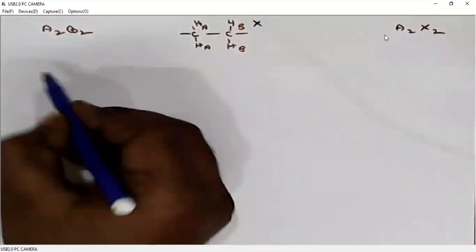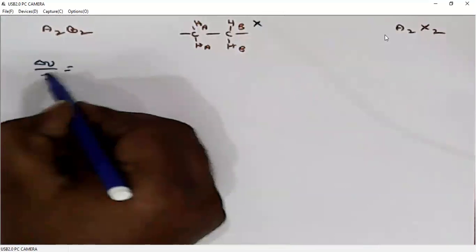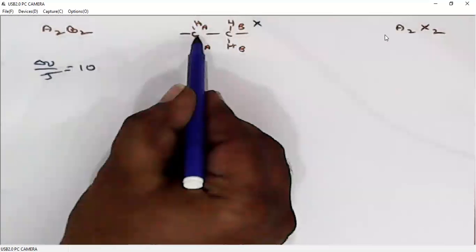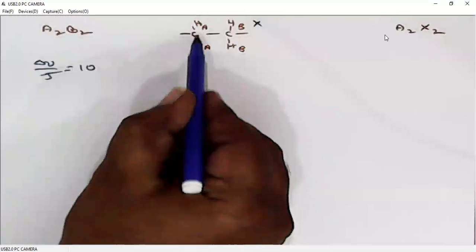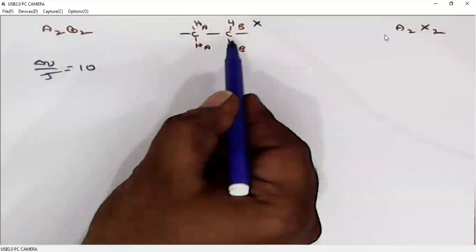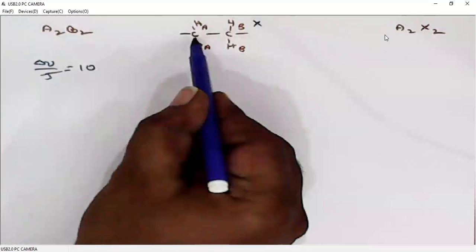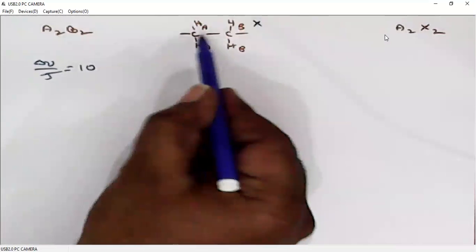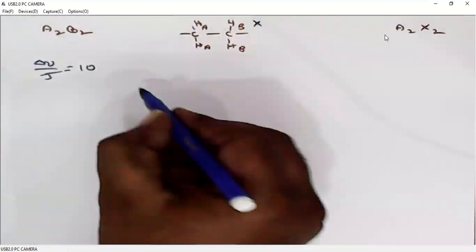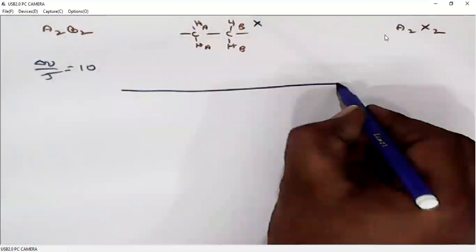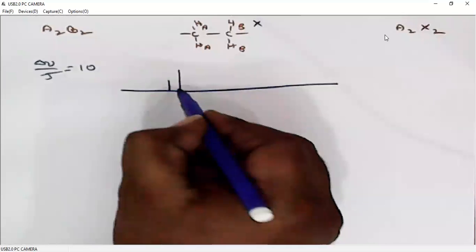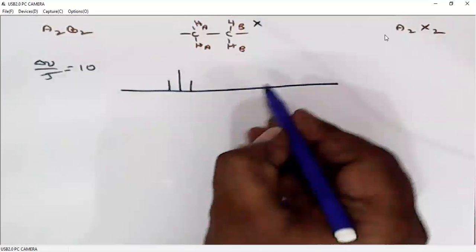When we have delta nu by J value of around 10, it is a perfect first order. These two protons will give a triplet because they have two alpha protons. Even these two protons will also give a triplet because they have two alpha protons. So based on the n plus 1 rule, we can clearly predict the delta values. We can clearly predict the multiplicities.